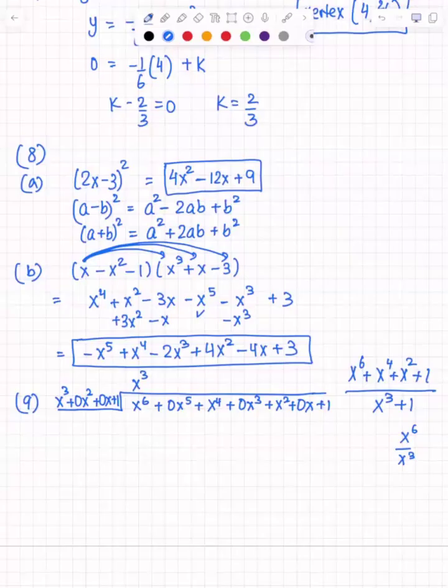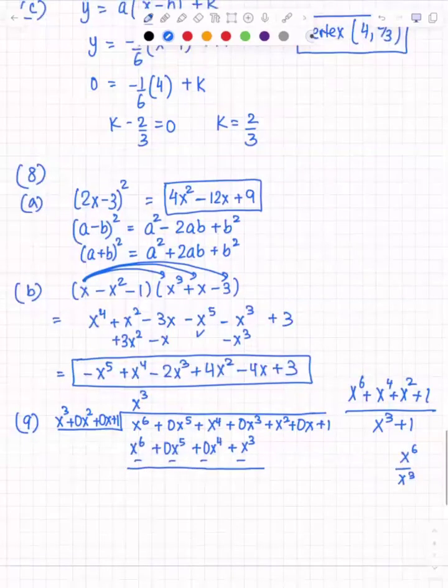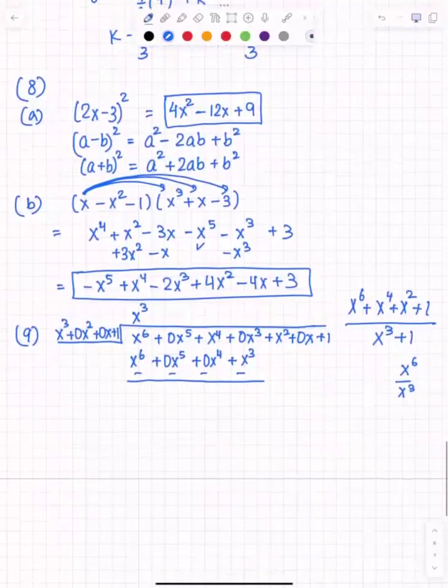Multiply with each term, you get x to the 6 plus 0x to the 5 plus 0x to the 4 plus x cubed. Change the signs, add, we get 0, 0, and x to the 4 minus x cubed.